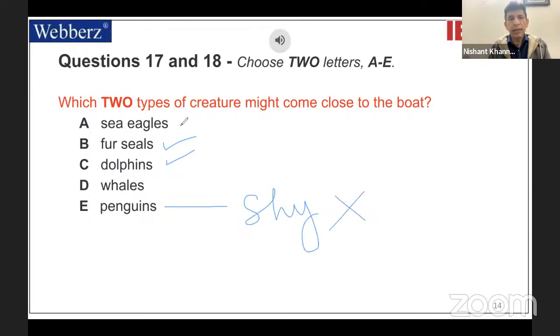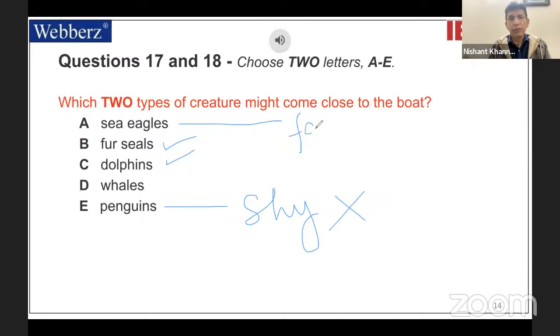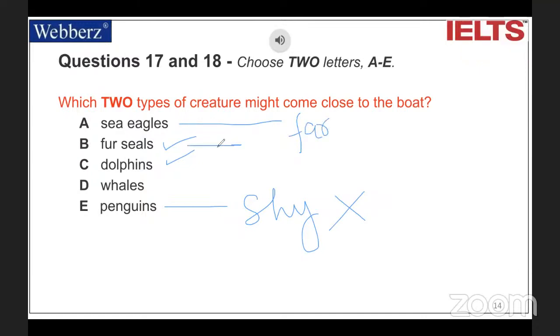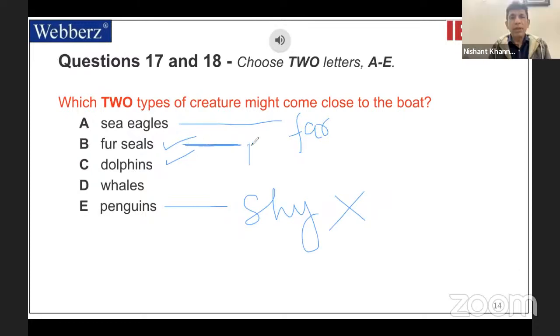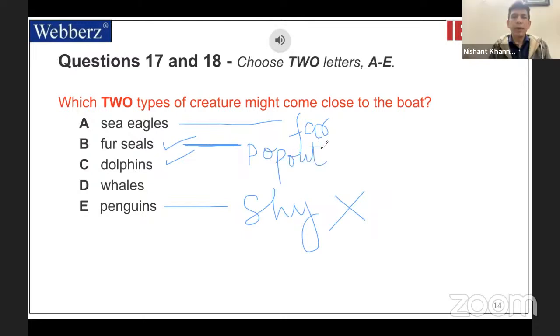Okay. What about sea eagles? He said that along the coastline, something like that. So they are far, right? What about fur seals? They might pop out in front of you. What is the meaning of pop out? It means suddenly appearing. They suddenly appear near the boat.